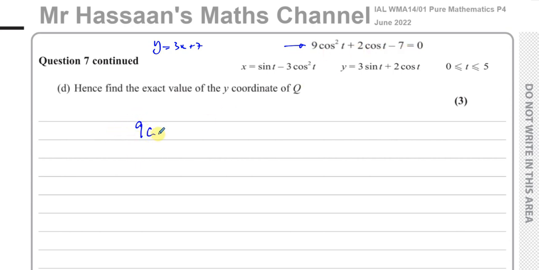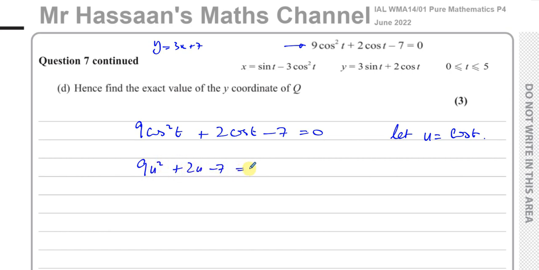So if I take 9 times cosine squared t plus 2 times cosine t minus 7 equals 0, and I say, for example, let's not use x here because there's x and y. Let u equal cosine t. Therefore you're going to have 9u squared plus 2u minus 7 equals 0.